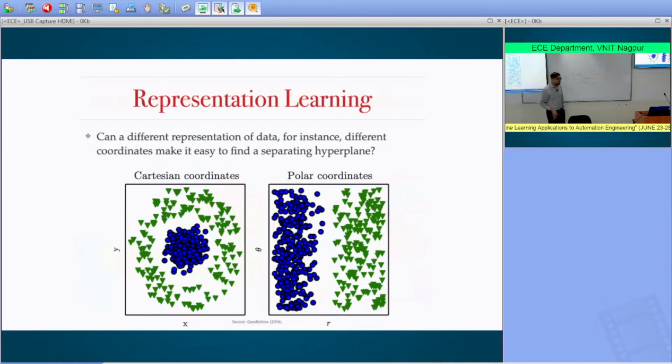You can just draw a straight line, and you can find that classification boundary. Right? So that's the power of transformation. In this example, you are transforming your x and y's in Cartesian coordinates into polar coordinates. Once you do the transformation, separation of these 2 data sets is extremely easy.